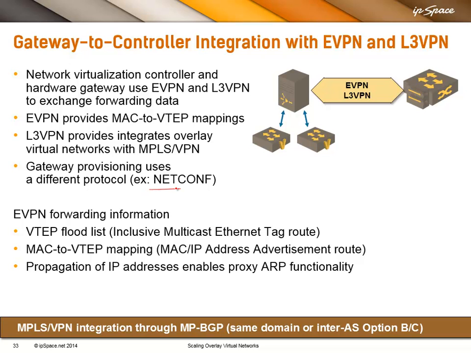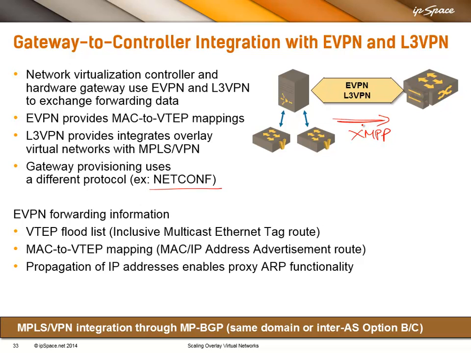You can do that using NETCONF, or I think Nuage can also use XMPP in that case to configure the gateway. But do keep in mind that there is no standard NETCONF, there is no standard data model, which means that in this case, the question of which gateway can I use with which controller and which cloud management platform becomes a slightly more interesting exercise.